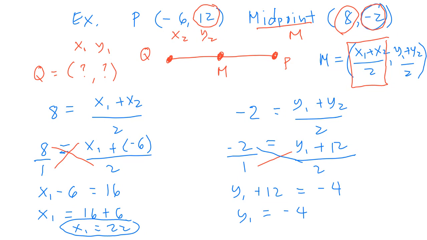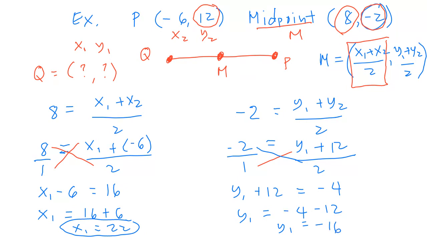So the positive 12 becomes a -12 when you move that to the other side. It's always like that. When you actually combine like terms, always take the opposite sign. So y1 therefore is equal to -16.